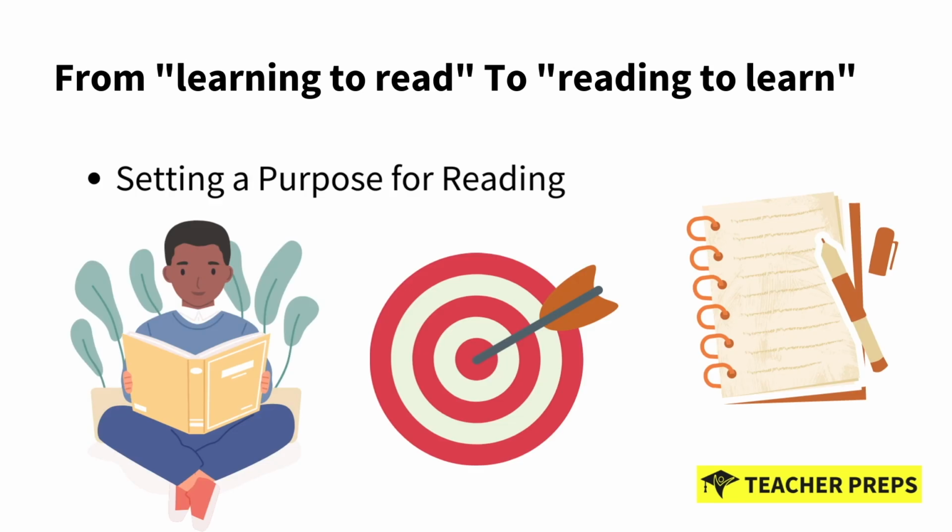First, set a purpose. For whatever they're reading, help them set a purpose, which is a proactive approach where readers set clear objectives or questions they wish to answer through the text. This might be as simple as reading to find a character's motive, or as intricate as understanding an author's stance on a complex issue.